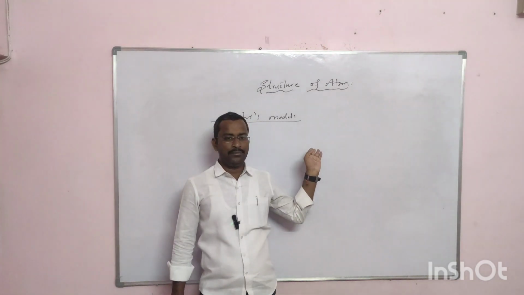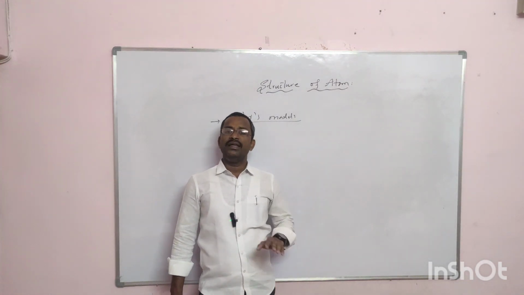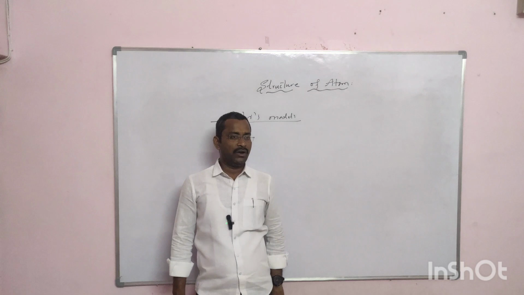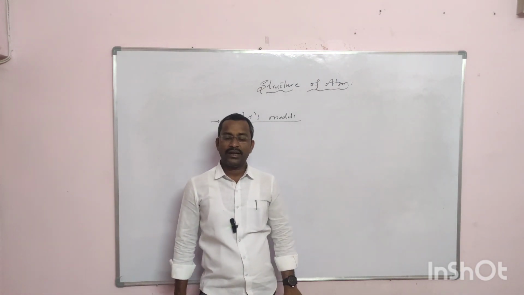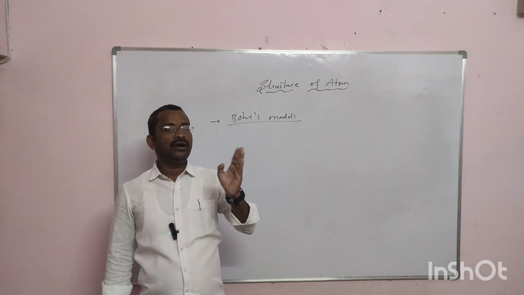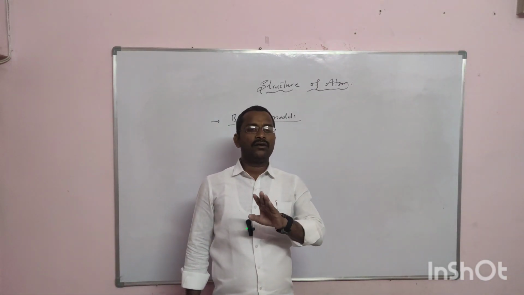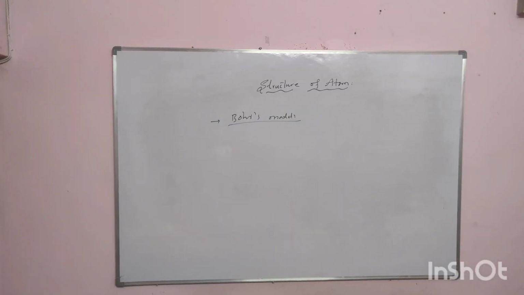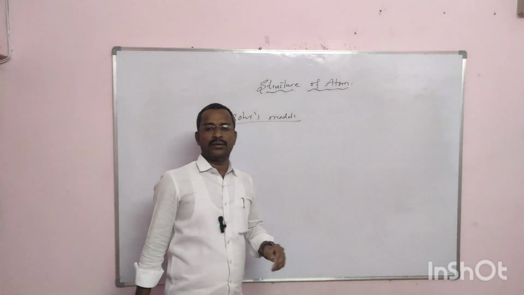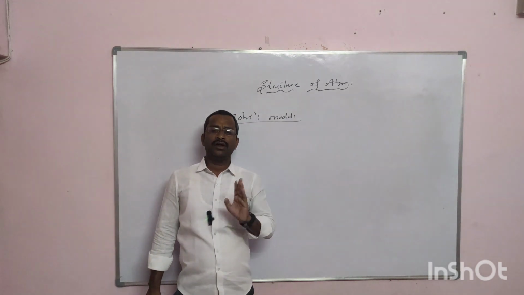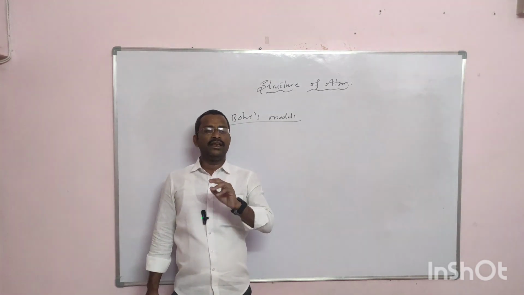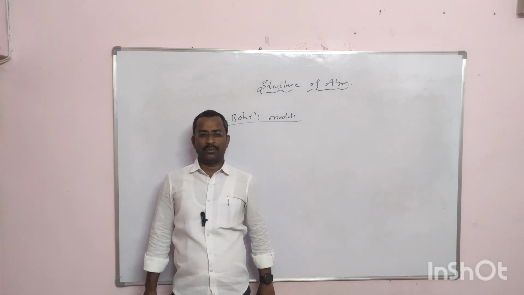Thereafter, Bohr came. He supported the Rutherford model because he was correct that all the electrons are revolving around the nucleus. But Rutherford did not explain that if electrons are revolving around the nucleus continuously, they need to lose energy and the atom has to collapse.